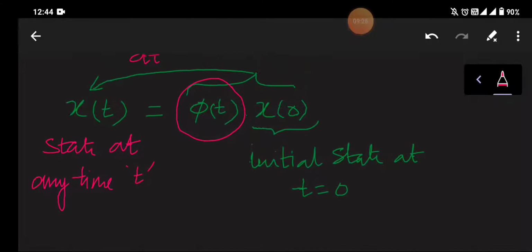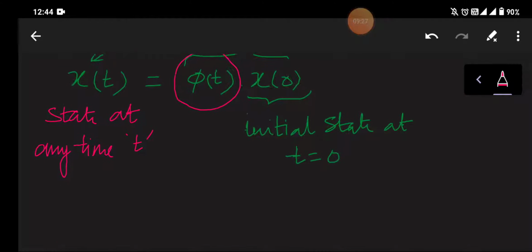Now if I want to solve for the state transition matrix, let us see. x dot is equal to ax, where u or input is 0.